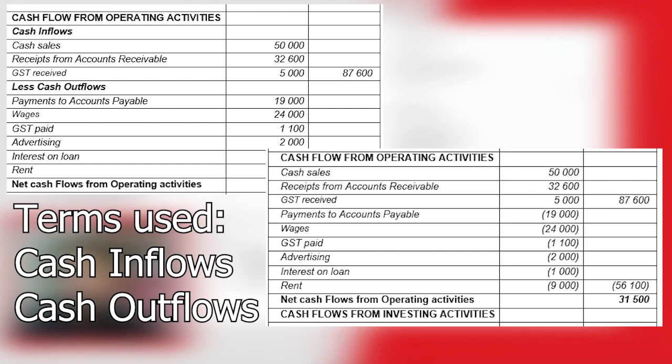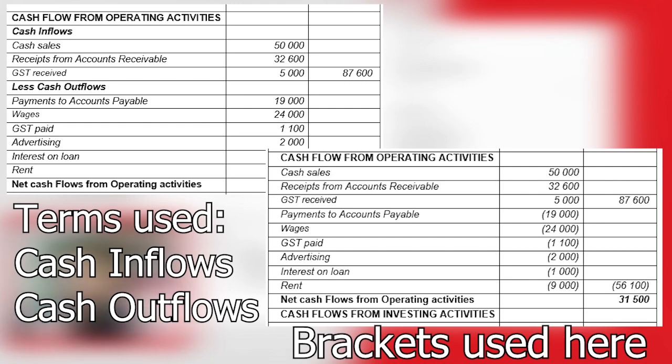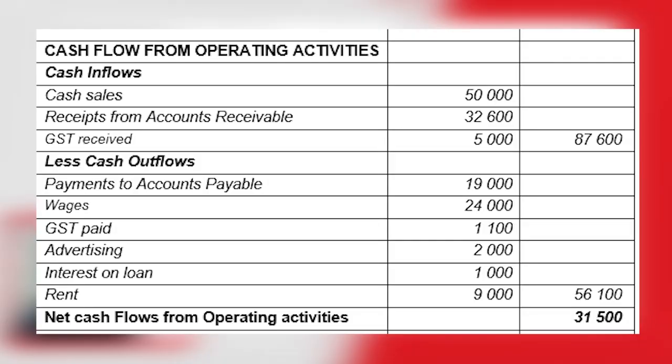The brackets just mean the bank goes down, but our cash has gone down. It's reduced. We've used some of this cash. At the bottom you can see net cash flow from operating activities, and the two columns. Every column on the left is filled, but on the right it's essentially just a summary.